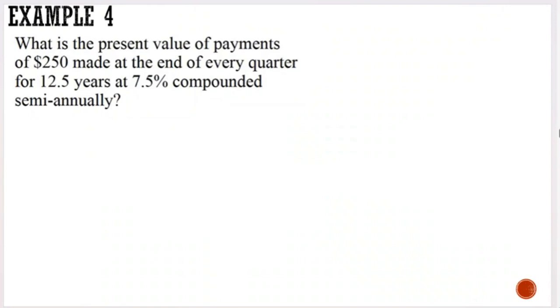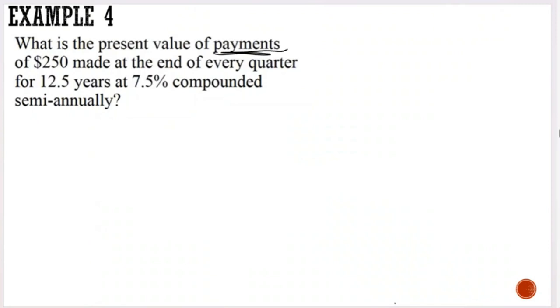So let's look at this information before we decide, is this an ordinary annuity or something else? What is the present value of payments?